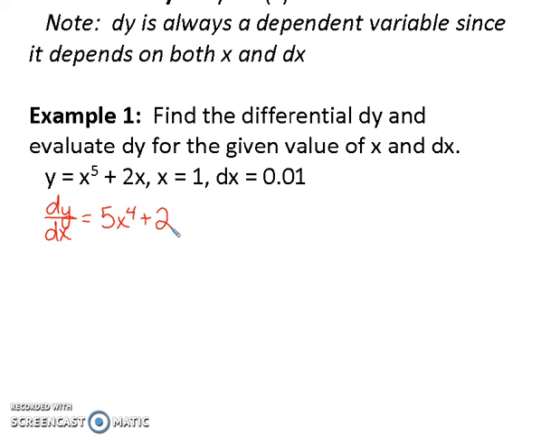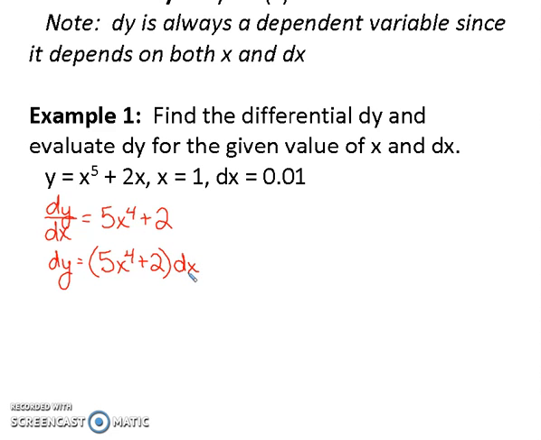Now, they're wanting us to find the value of dy. If you look at the equation the way that it's written, I don't have just dy. I have dy/dx. So if you don't think about this so much as a calculus problem at this point, but as an algebra problem, we can make it look like dy equals, if we take the dx and multiply it to the other side, which is exactly what we're going to do.